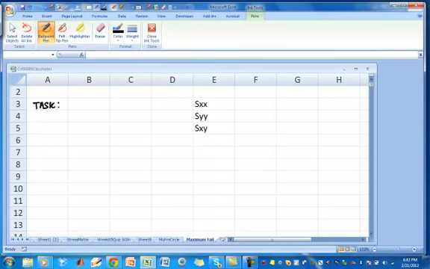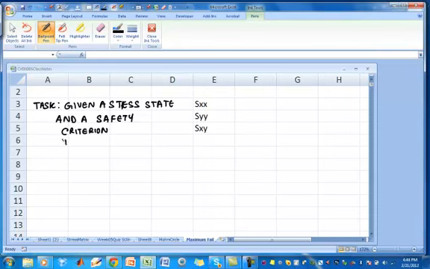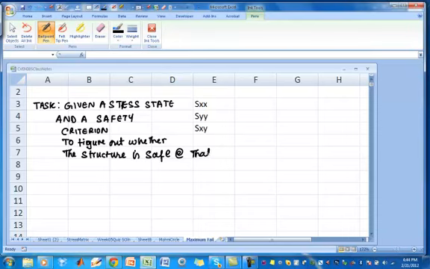Our task is, given a stress state and a failure criterion, or let me write it in a different way, a safety criterion, to figure out whether the structure is safe at that point and some idea of how it is likely to fail.